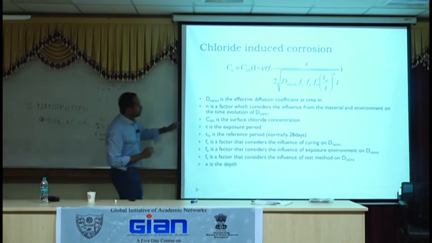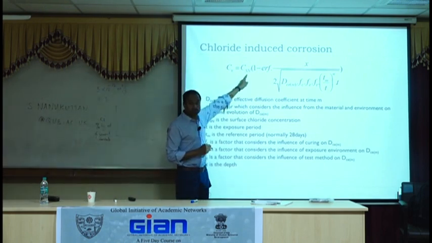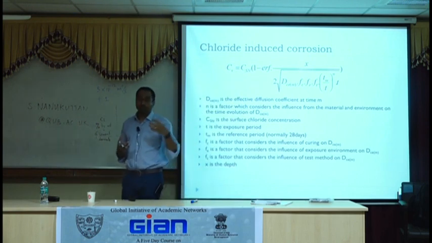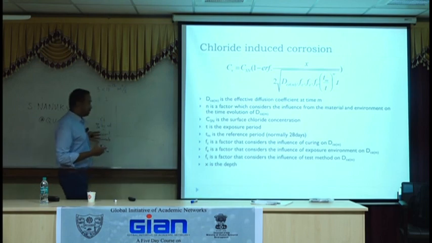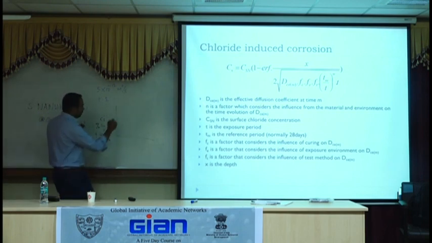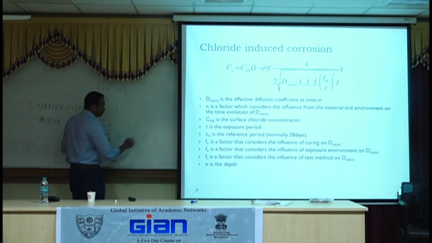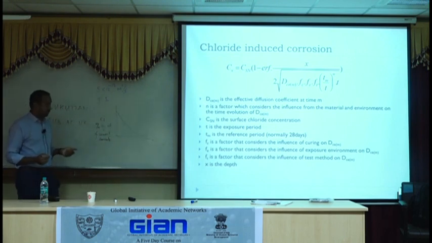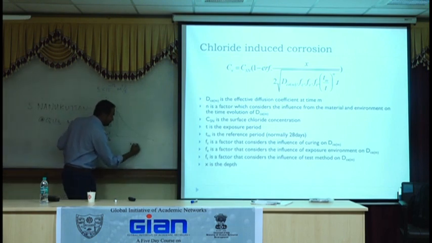That's determined by what your surface chloride concentration is. If you express your surface as percentage by weight of binder, then that's what you're going to get, cement. If you express that as percentage by weight of concrete, then this is what you will get. Okay? And you're going to get an equation like that, okay, where this will be x depth.